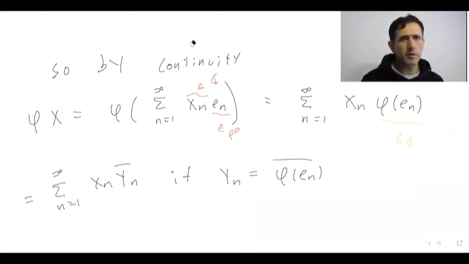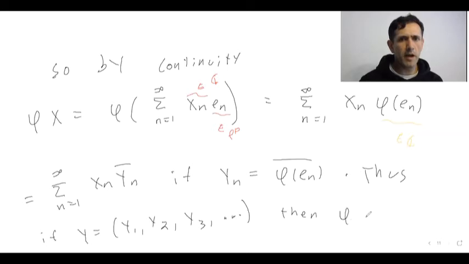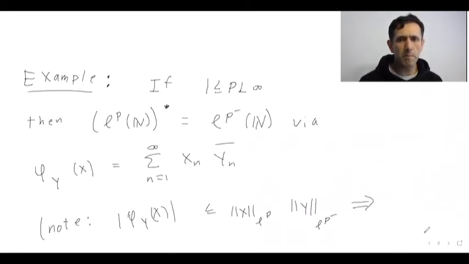So just to try to make this a little clearer, if y equals y1, y2, and so on, then phi of x is going to be phi y of x. Again, phi y of x defined in this way.